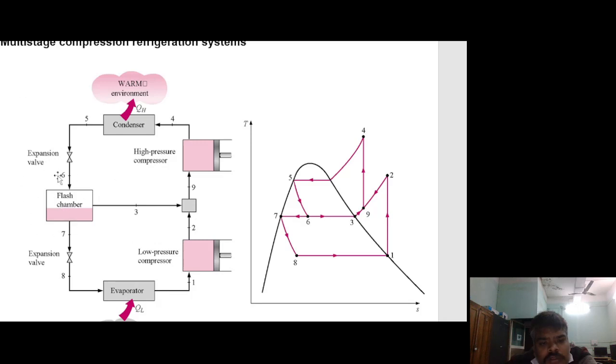A flash chamber is also used. What does the flash chamber do? In the flash chamber, what will happen?